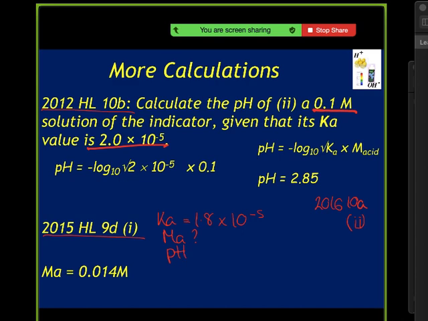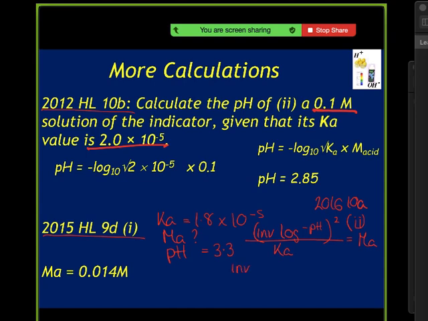So the pH came from the table, and the initial pH on the table was equal to 3.3. So then you are rearranging your formula slightly. Last time it was inverse log negative pH to be squared over MA when we wanted to find Ka. So now it must be this over Ka, which will be equal to MA.